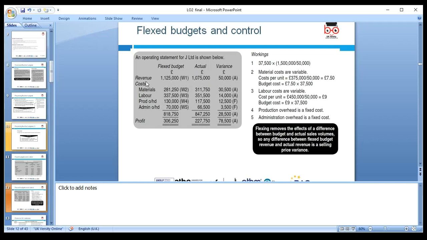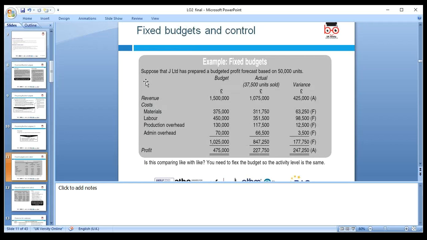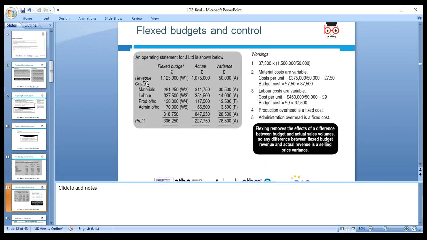So for the fixed budget, like in the previous slide, 1,500,000 divided by 50,000 gives you the per unit selling price. Times by 37,500. So you can prepare the flex budget based on the fixed budget. We flexed it according to the activity. Then you compare.